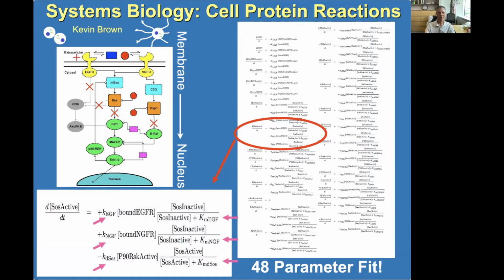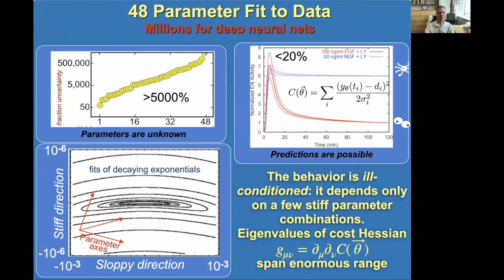And my biology colleague persisted, and we did it. And sure enough, when we finished, we could fit the 63 data points with our 48 parameters, and all the parameters had huge error bars. The best determined parameter in this model had a 5,000% error range.